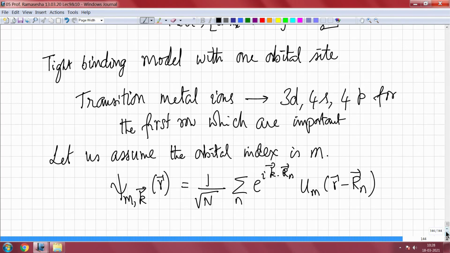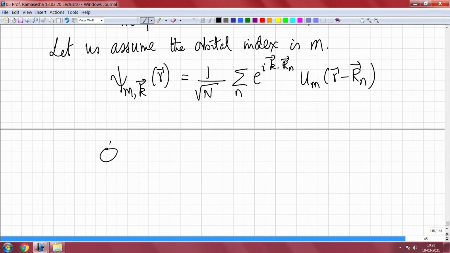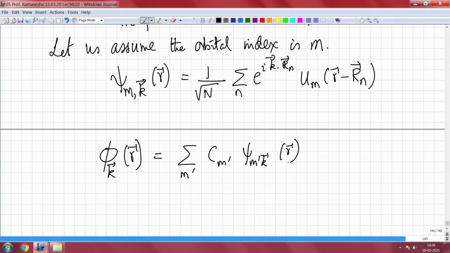Now, in this particular case I can construct a trial function phi of k, similar to what one always does in the variational method. I can write it as the sum over m prime of c m prime psi m prime k of r. So, you can now set up the Hamiltonian matrix.